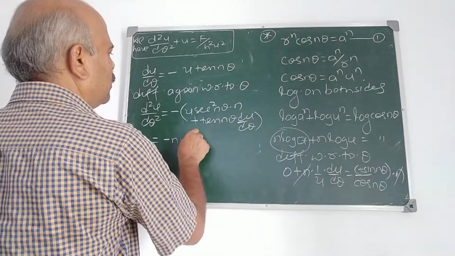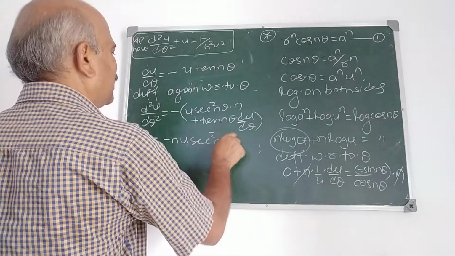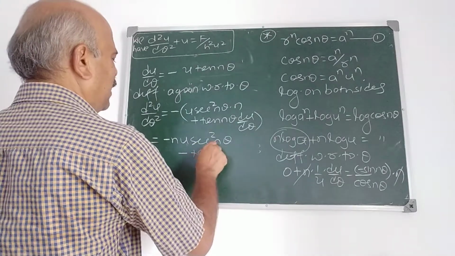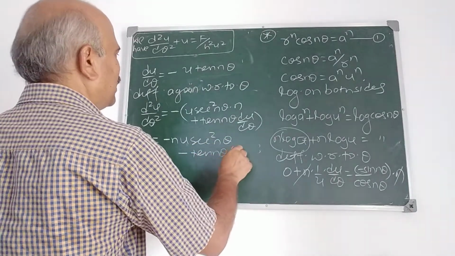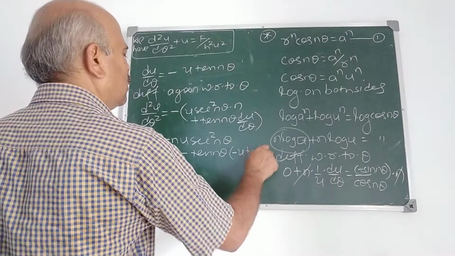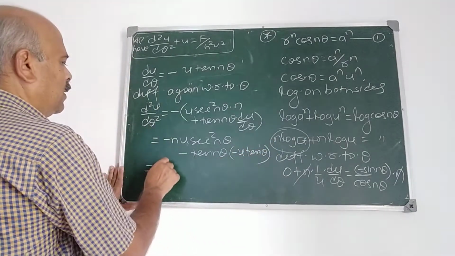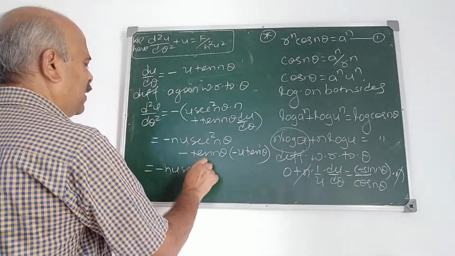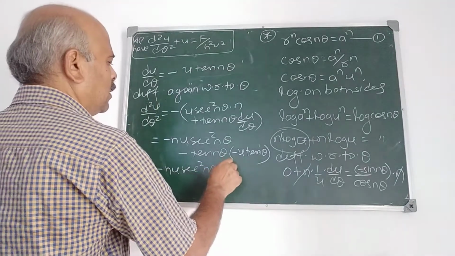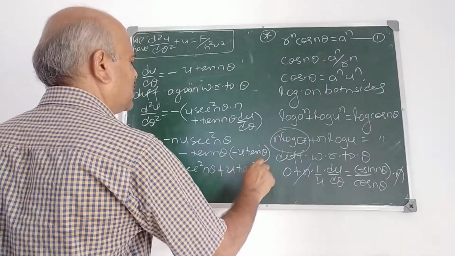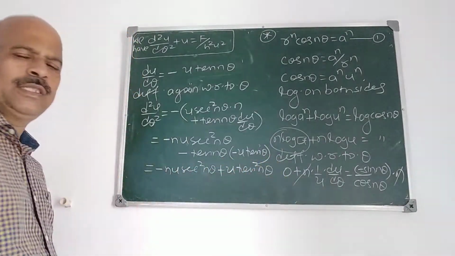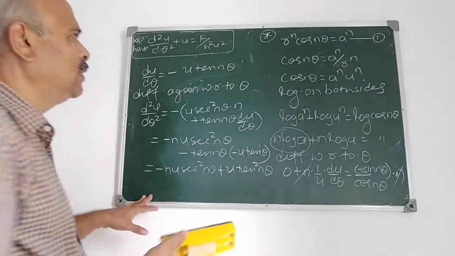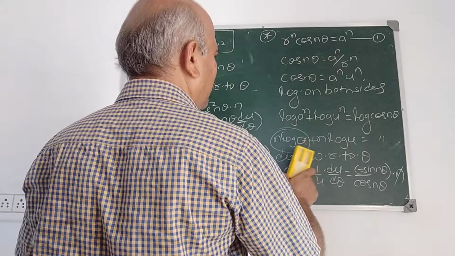Minus nu secant square n theta minus tan n theta into what is du by d theta, minus u tan n theta. So minus nu secant square n theta plus u into tan square n theta. What is this? This is d2u by d theta square.